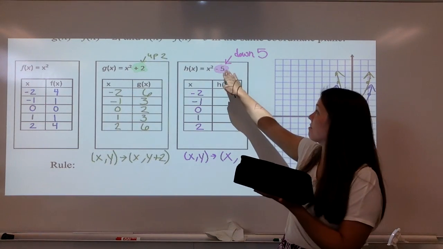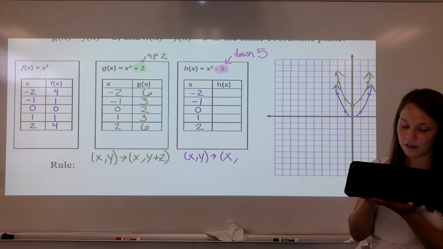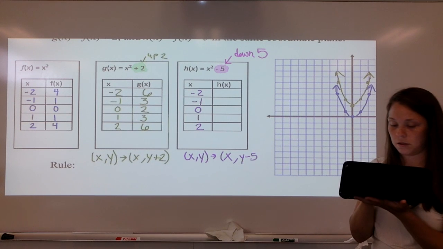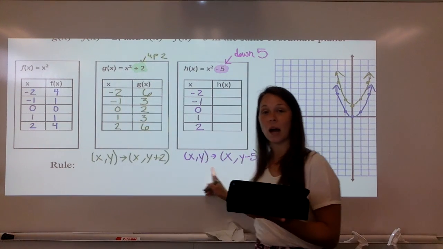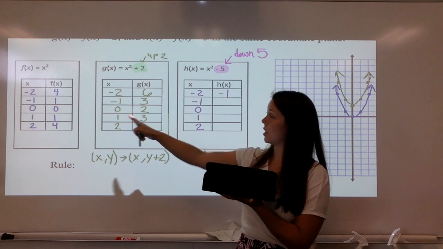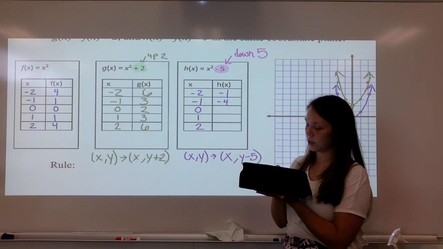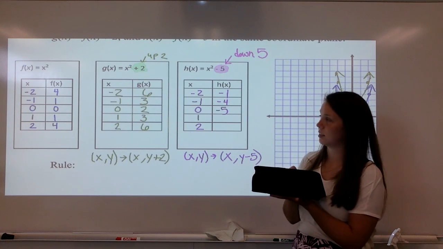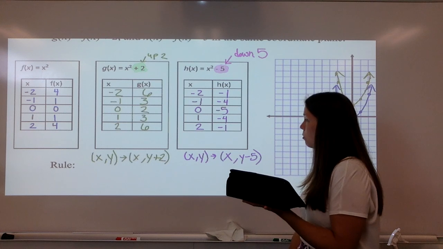And all my y values are going to see the effect of this down 5 or minus 5. So the original 4 minus 5 is negative 1. 1 minus 5 is negative 4. 0 minus 5 is negative 5. And then negative 4 and negative 1.